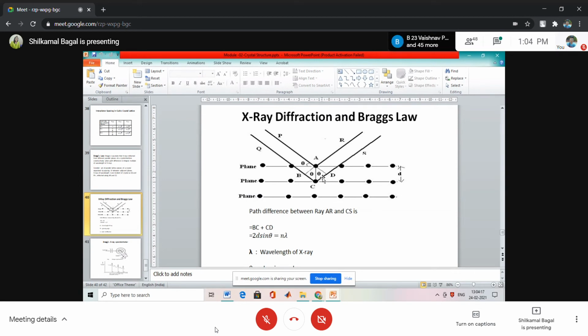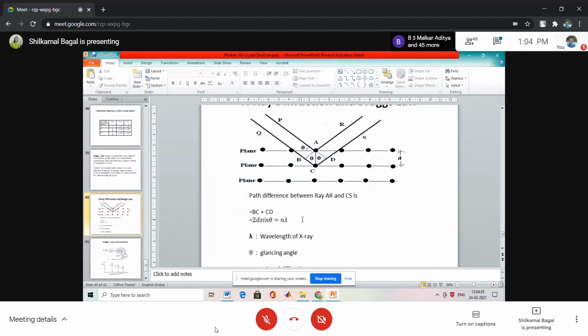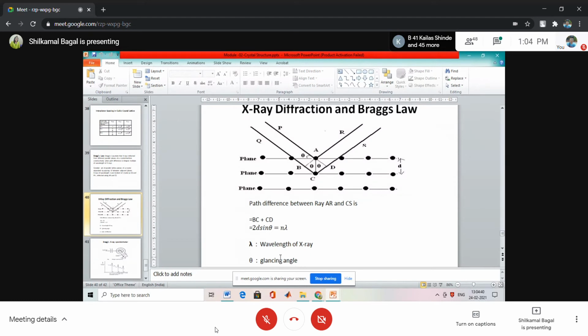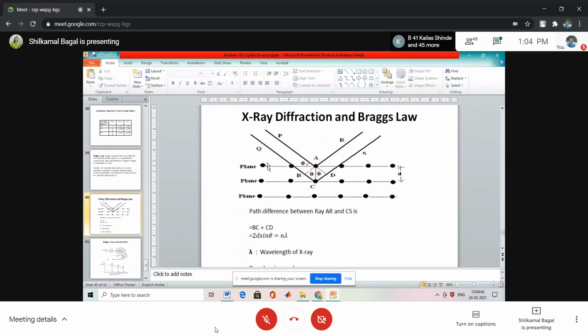Now by geometry, let us consider these X-rays are incident on the crystal plane with an angle theta, and this angle theta is known as the glancing angle. You will remember this. Glancing angle may come in an objective question. The glancing angle is the angle made by the incident X-rays with the crystal plane.